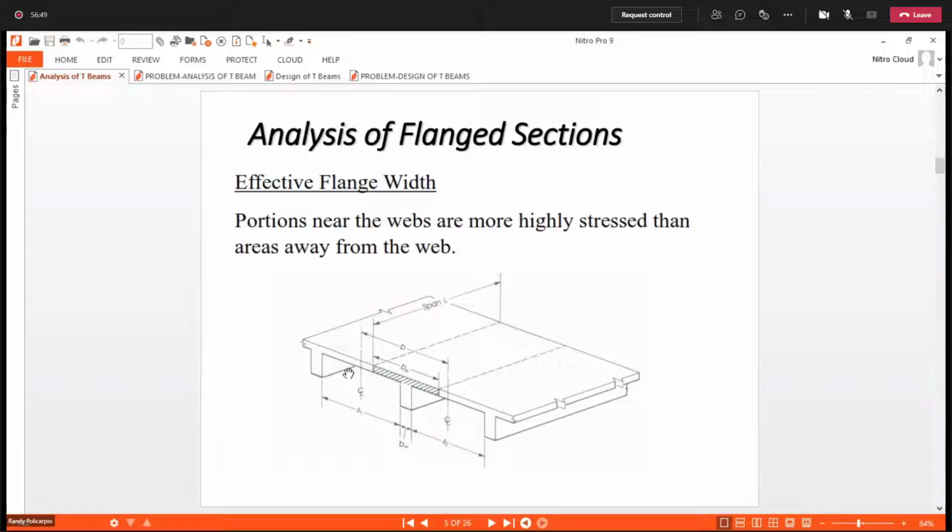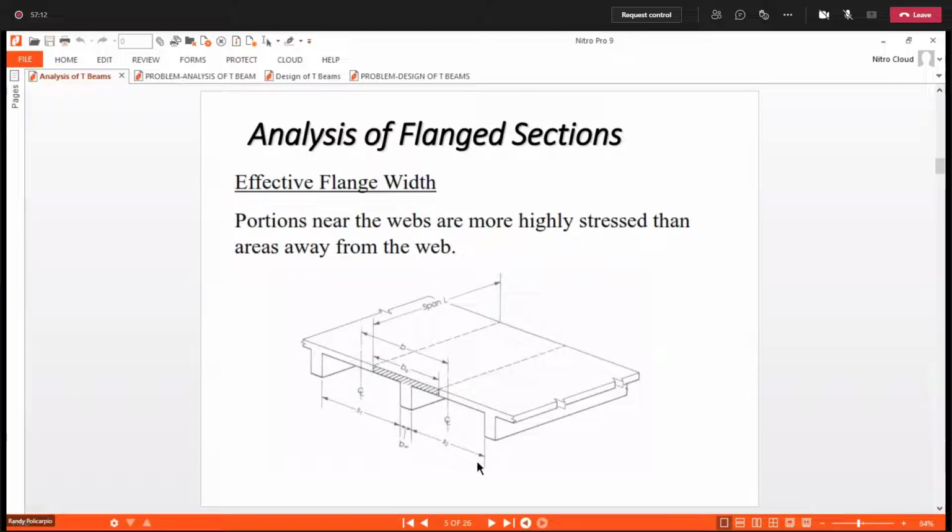So we're going to consider the clear span dito sa ating slab. Ito yung pinaka-slab natin. Yung clear span niya, consider natin yung 1/2 of the clear span, no? Kaya ito kung S sub 1 nito, it will be S over 2. So we consider here S over 2.